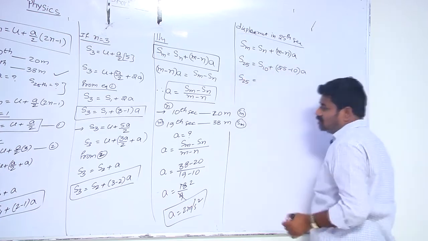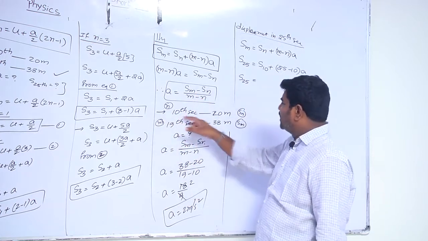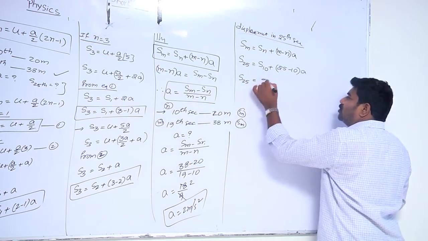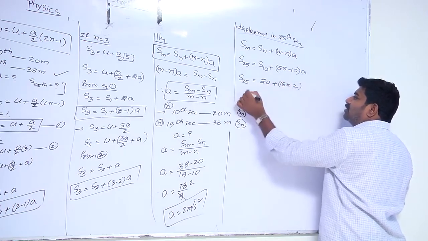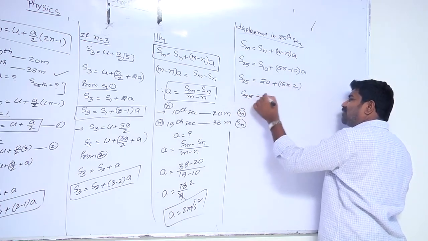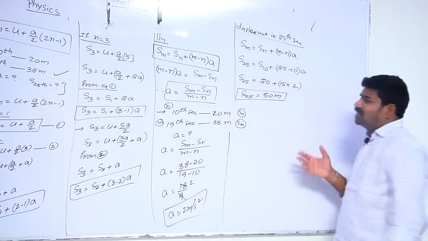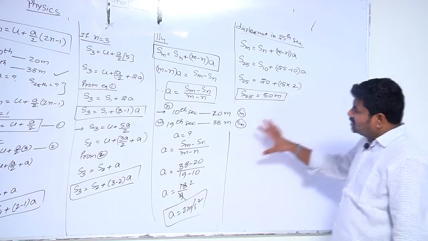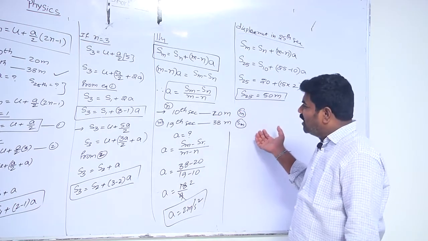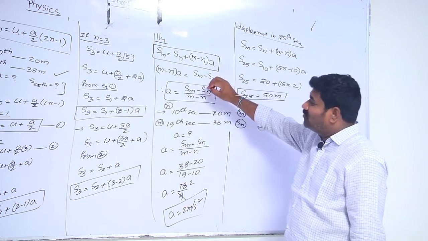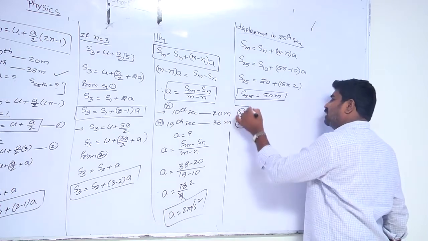What is the displacement in the 10th second? It is given as 20, plus 15 into 2, that is 30. So the displacement in the 25th second is 50 meters. In this way, we find the accelerations and displacements. If the values for particular seconds are given, then we can find these values.